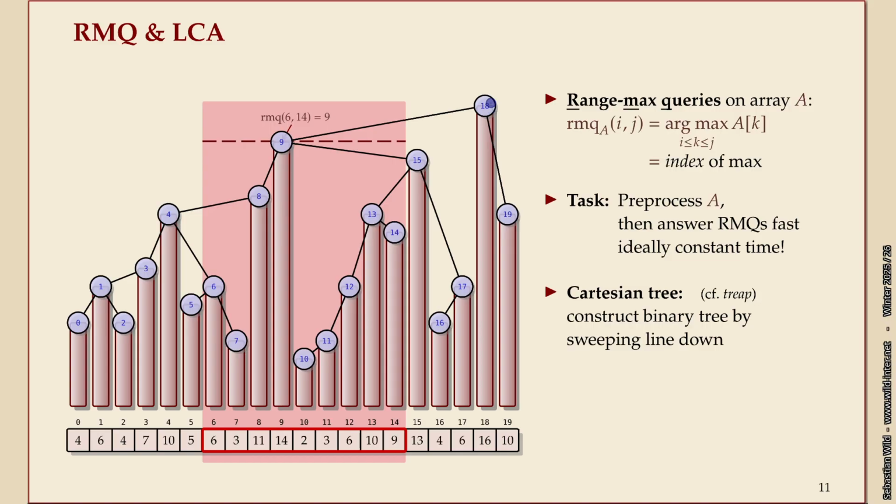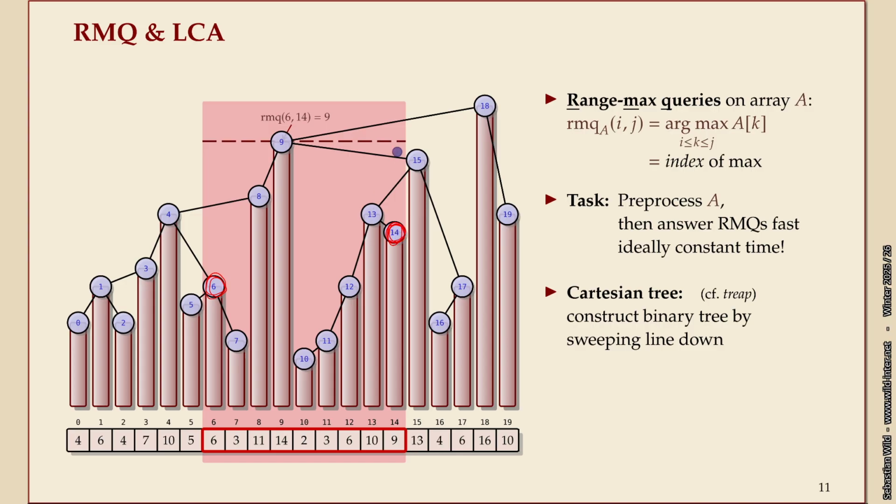That's a cute tree. What does that have to do with range maxima, though? If you look at a range like our red range here, there's going to be a leftmost and rightmost node, maybe in red, in the range. That's going to be these two. Now, the range maximum is the lowest common ancestor of those two nodes in the tree.